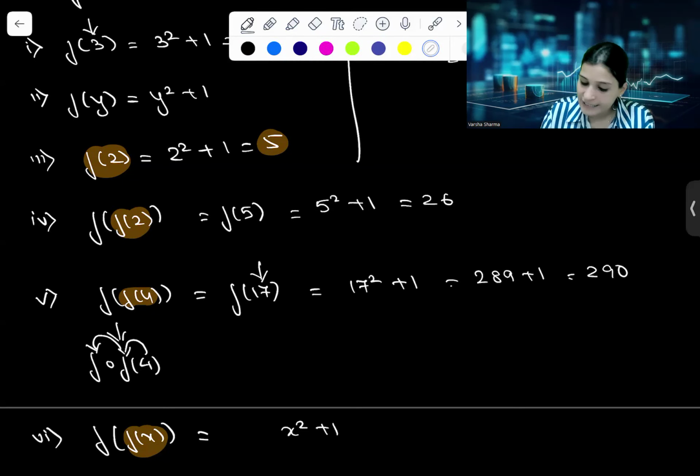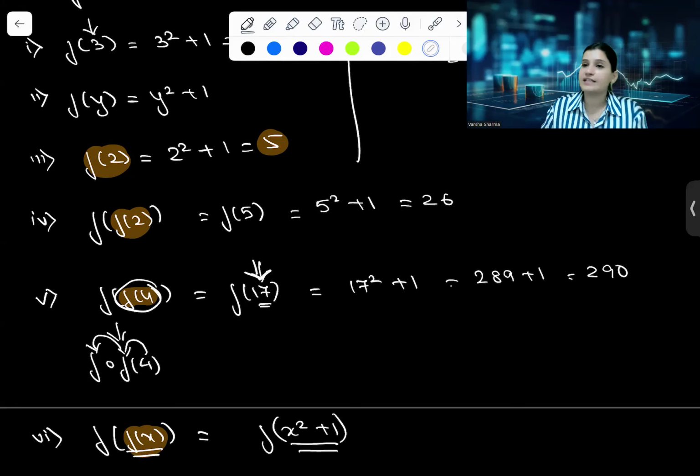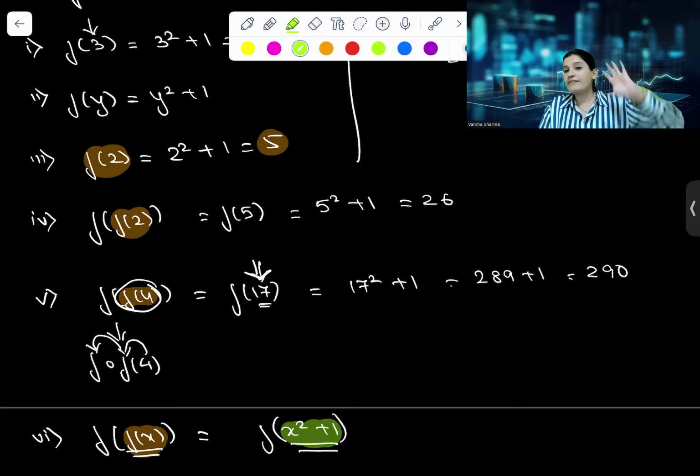Now again, there is another f here. Same here, na? You first calculated f of 4, you got 17. So here I calculated f of x, I got x square plus 1. Now instead of x, put this entire expression. Wherever you had x in the equation, instead of x, you put this entire green term.